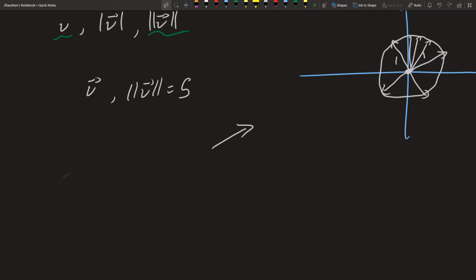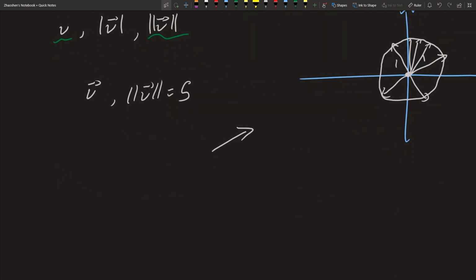That means that we can get this vector that points in this direction. I don't know what direction it is, but in some northeastern direction. And then we want to scale it up by 5 because this one is a unit vector, which has a length of 1. If we make it 5 times as long, I can't draw 5 times as long over here, but 1, 2, 3, 4, 5.